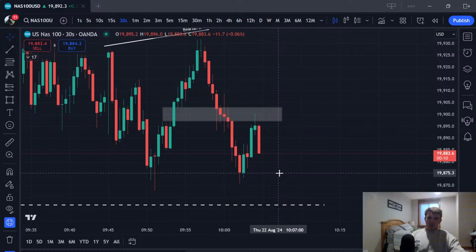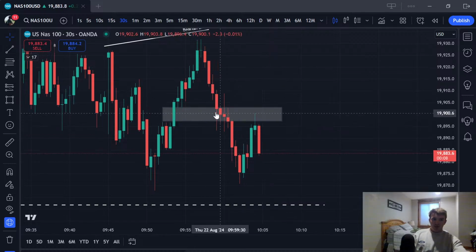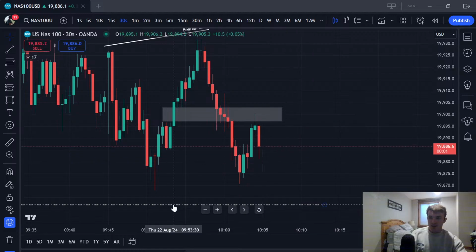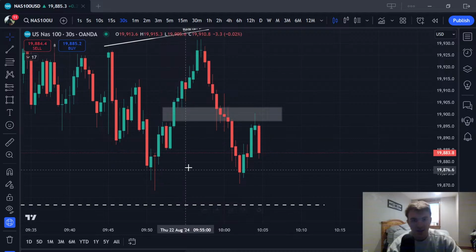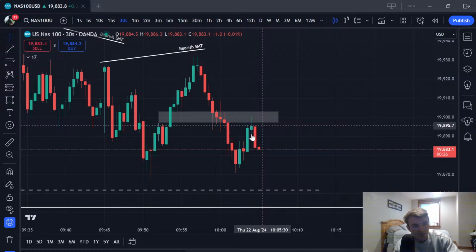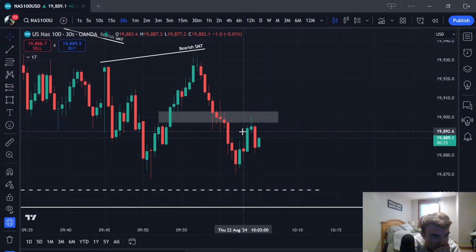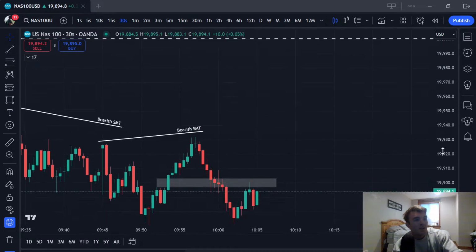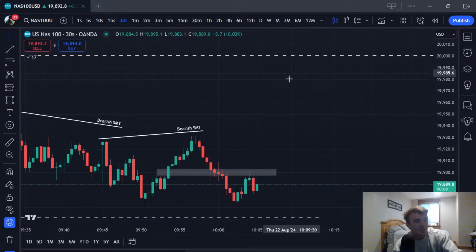Oh, this is one of my favorite confluences. We're using this old bullish gap as a resistance area, and you can see it's pushing down off of that area. Against two bearish SMTs, you don't want to take this trade. And there's the data low below. I'm really hoping that this data low gets swept and we get a really nice inverse off of it, and then we can target these equal highs.